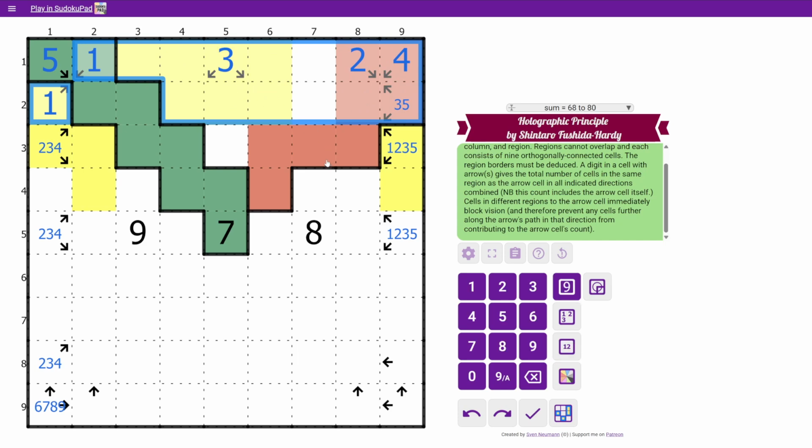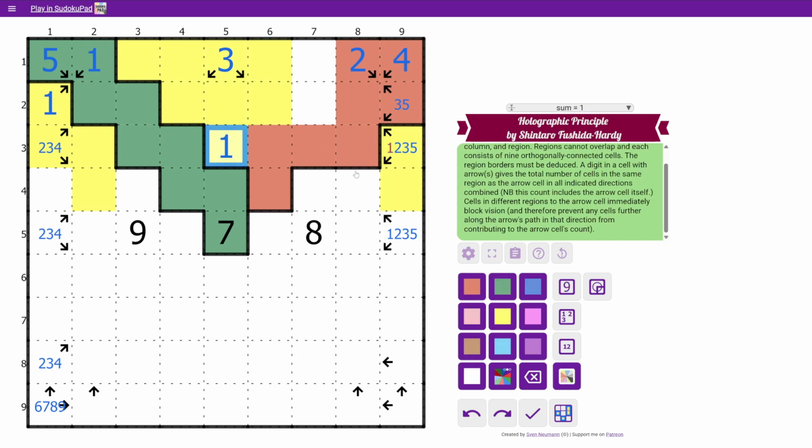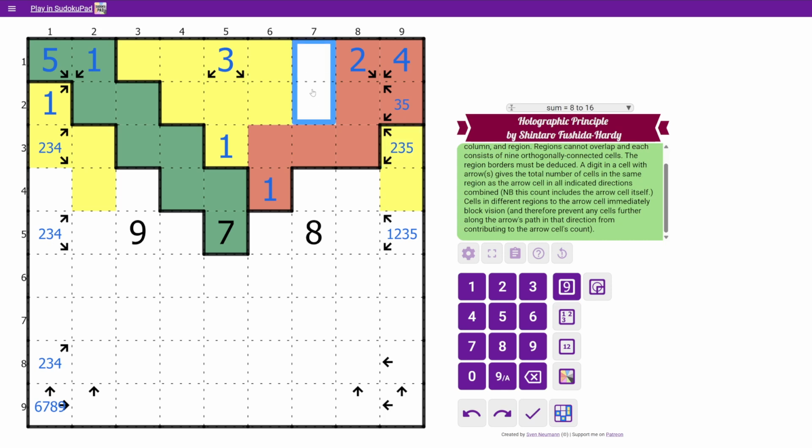And yellow and red both still need a 1. So that means this must be yellow to get its 1, and then red's 1 must be there. And then we have one of these is yellow, one of them is red. Eventually to be seen. This can no longer be 5, so it is therefore 3.